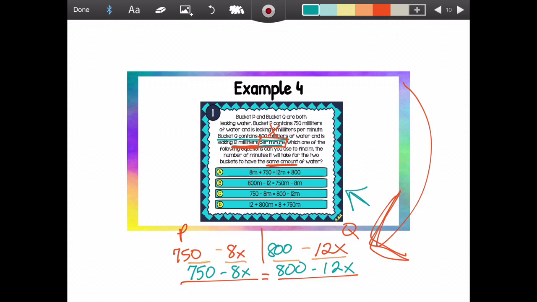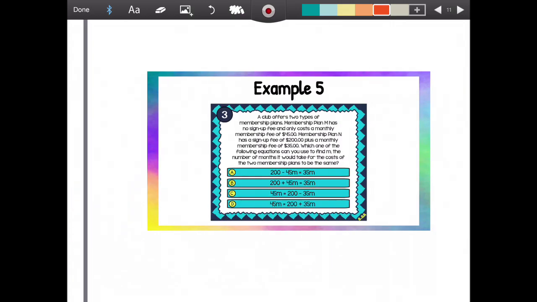And again, since we have our own, we can clearly see that our answer should also be C, because that's the only one that actually starts with 750, okay? So again, hopefully you're getting the hang of this now, and I will leave you with example number 5, and make sure you put your answer in the discussion.